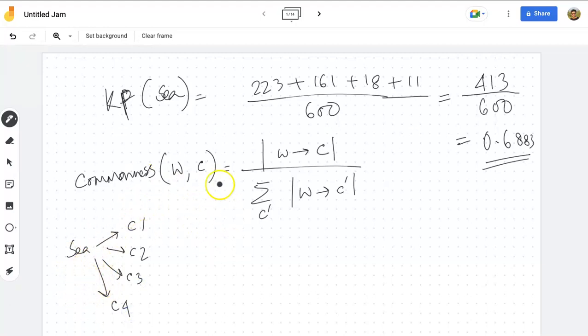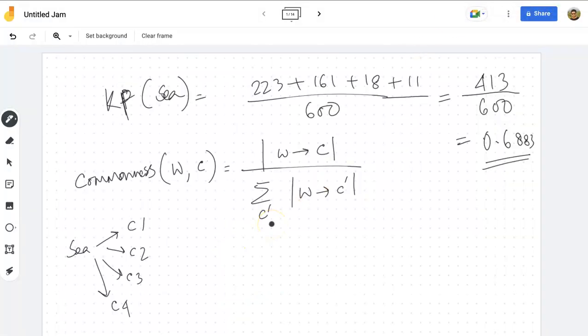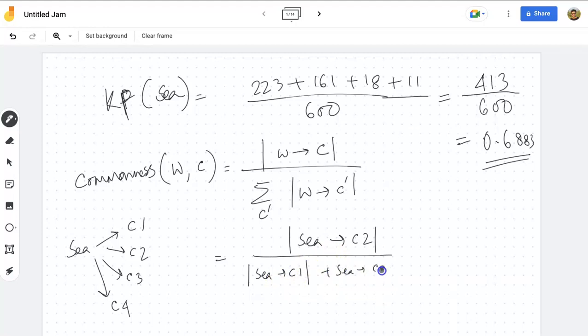So in our case, if we want to get the commonness between C and C2, it will be the number of times C is connected to C2 divided by the total: the number of times C is connected to C1, plus C2, plus C3, plus C4.